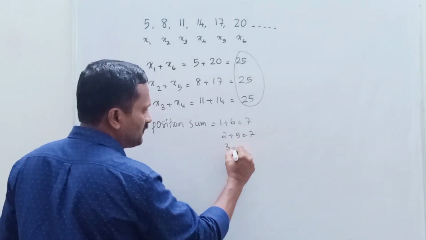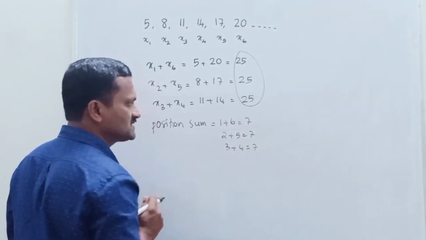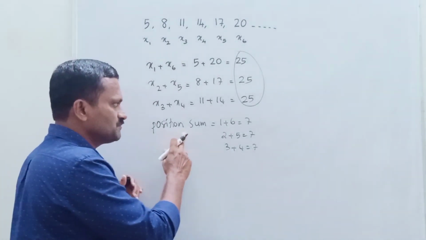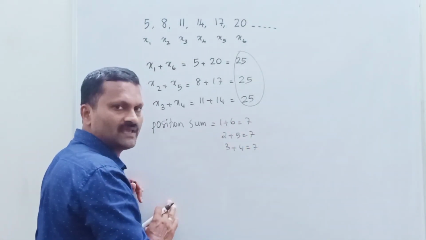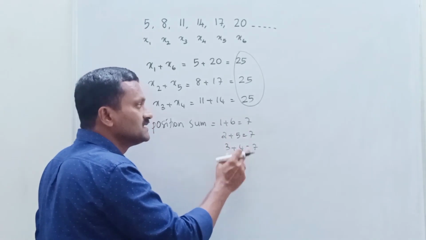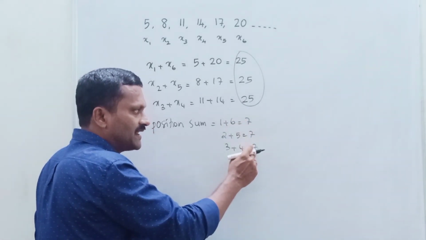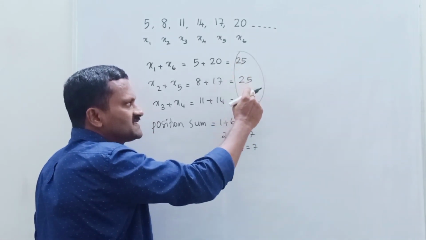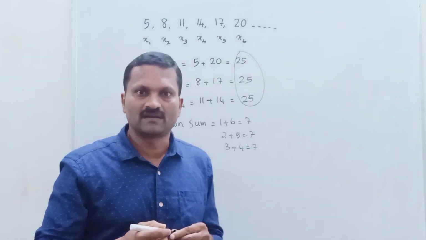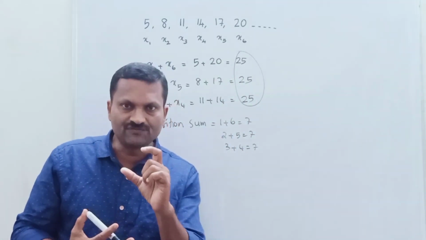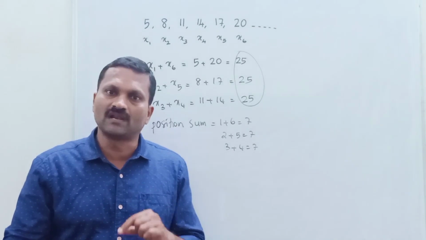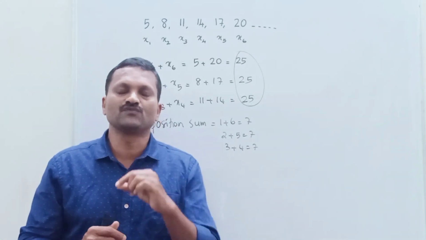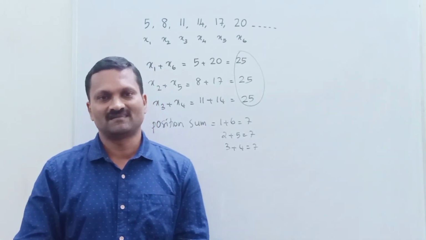Next 3 plus 4 is also 7. That is, the position sum is also equal. That means if position sums are equal, then term sums will be equal. What is the conclusion? If position sums are equal, then term sums will be equal.